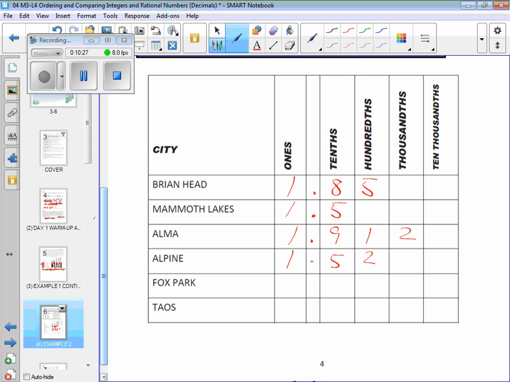Fox Park. Taos. You ever ski Taos? It's out west. California, I believe. I thought that said tacos first. Yeah. Tacos. That's a big long one. Give it to me again. 1 point.